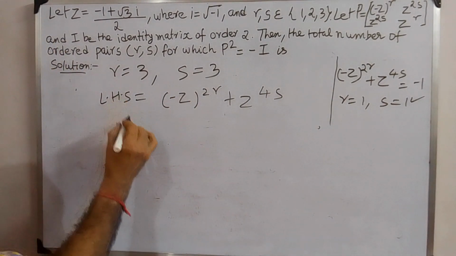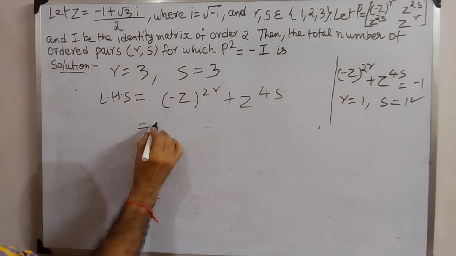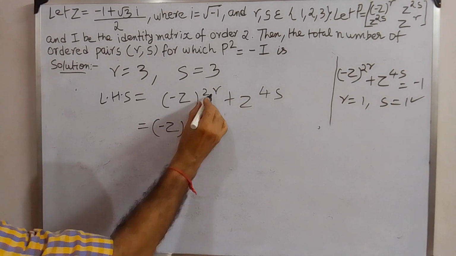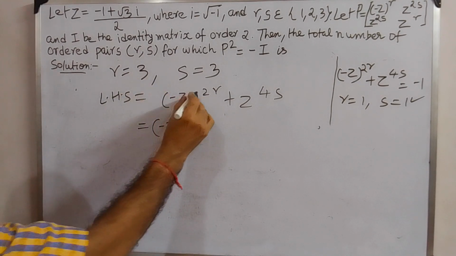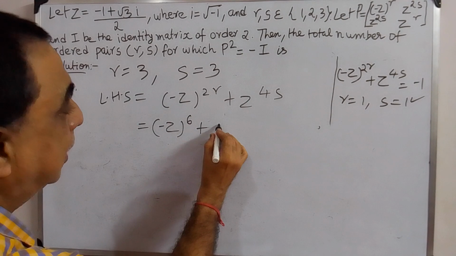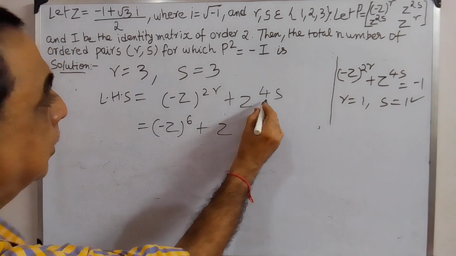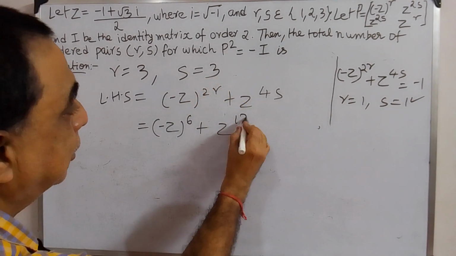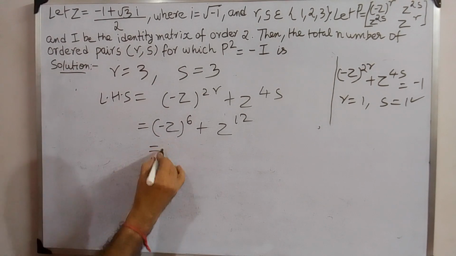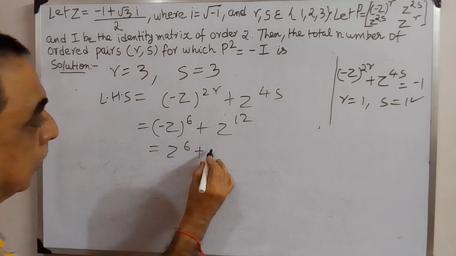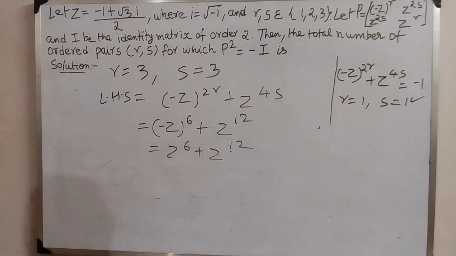Now put these values. R value is 3, so 2 into 3 is 6, plus z to the power 4s. S is 3, so 4 times 3 is 12. So this becomes z to the power 6 plus z to the power 12.